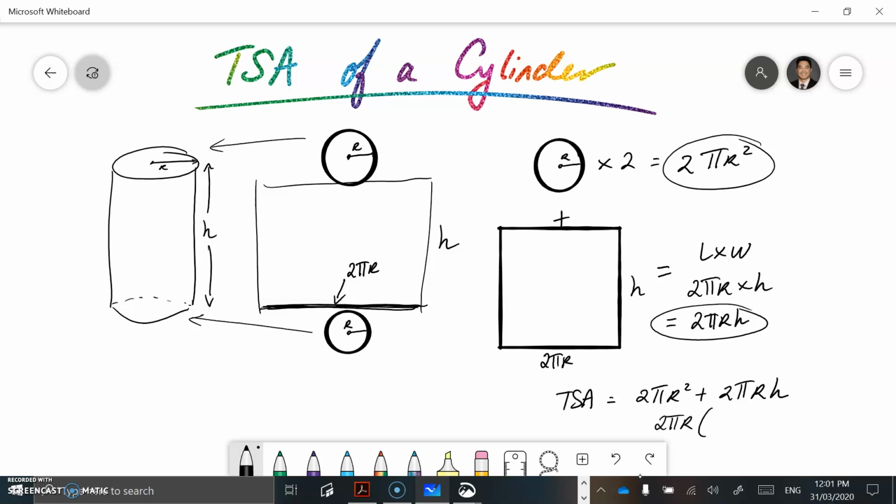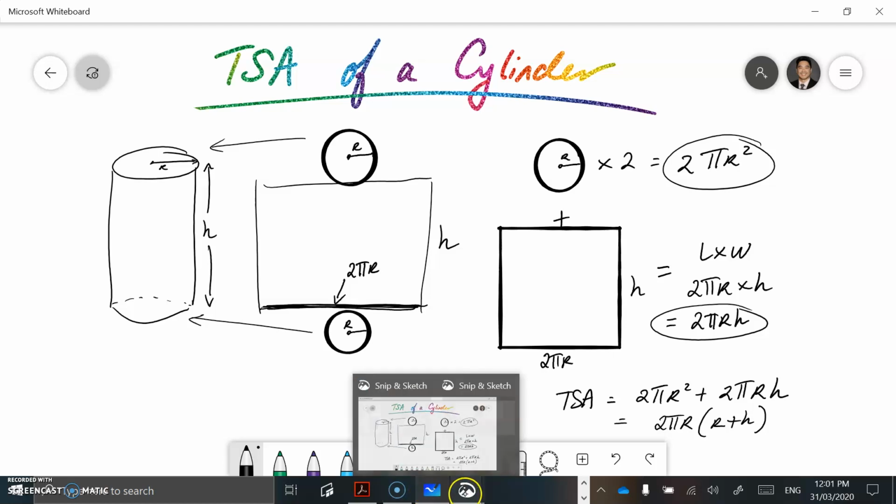Once we've taken out that factor of 2 pi r, we end up having r plus h left on the inside. So we could use that expanded form, or we could use this factorized form. It will get exactly the same result for the two circles and the side walls of that cylinder. Okay, so please make sure you've put that into your notes as a reference for your formulas.